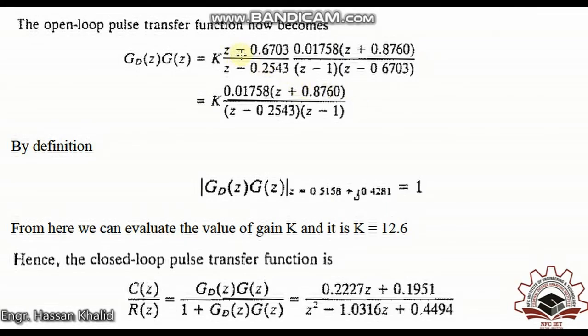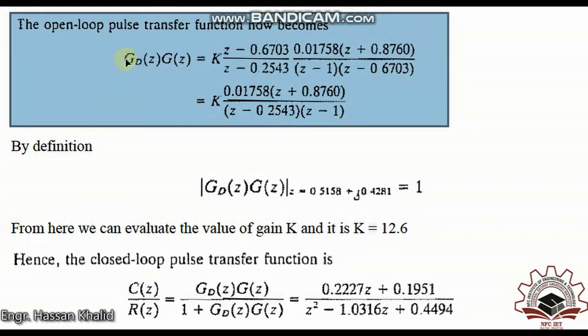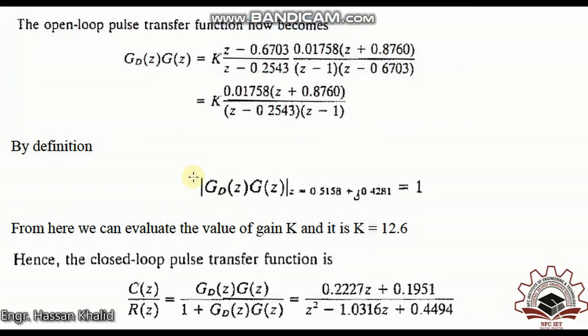Now we have finally found the parameters alpha and beta, that are the zero and pole of our controller. We now need to evaluate the value of gain. By definition we know the open loop impulse transfer function is defined by G_D G of z, and we can easily find the value of gain K by taking the magnitude condition and applying it at the desired given point P, where it is always equal to 1.